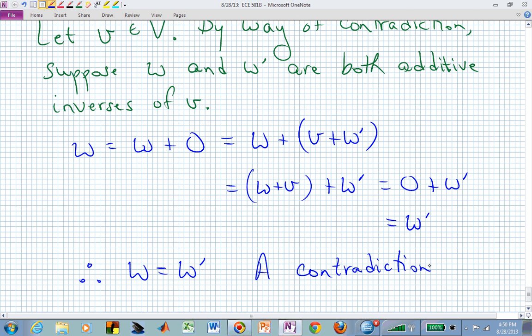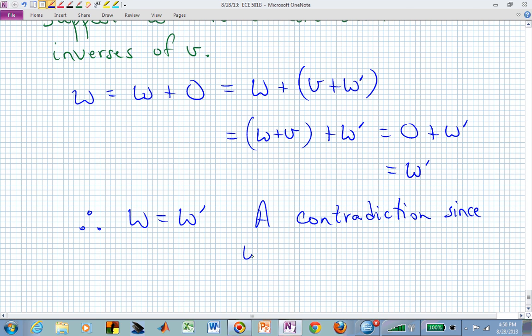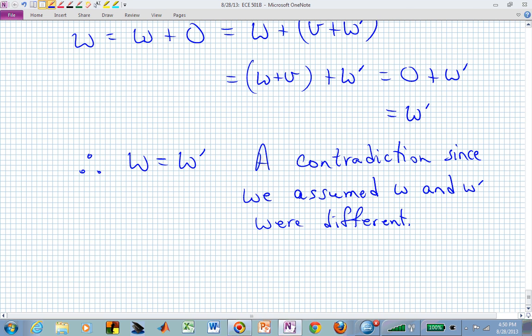This is now a contradiction since we started with w and w prime, or we assumed w and w prime were different in the first step of our proof. And that's then our contradiction. Now we've shown that they're the same.